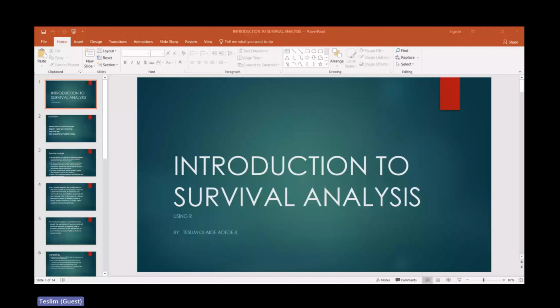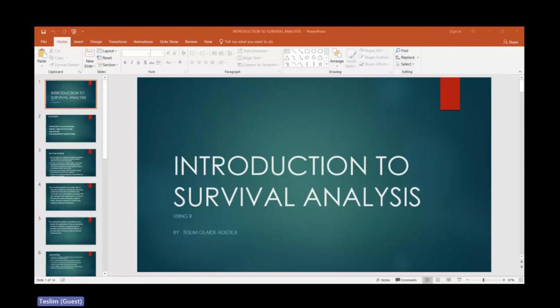In survival analysis, we usually refer to the time variable as the survival time, because it gives the time that an individual has survived over some follow-up period. We also typically refer to the event as failure.